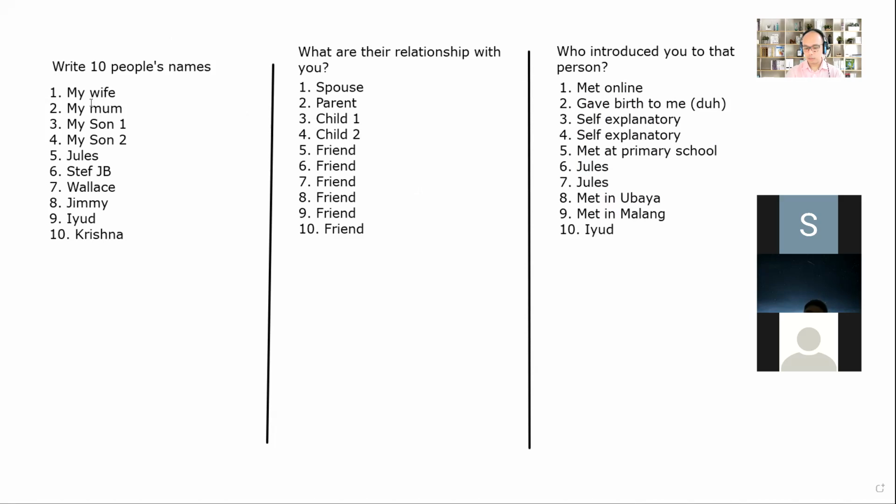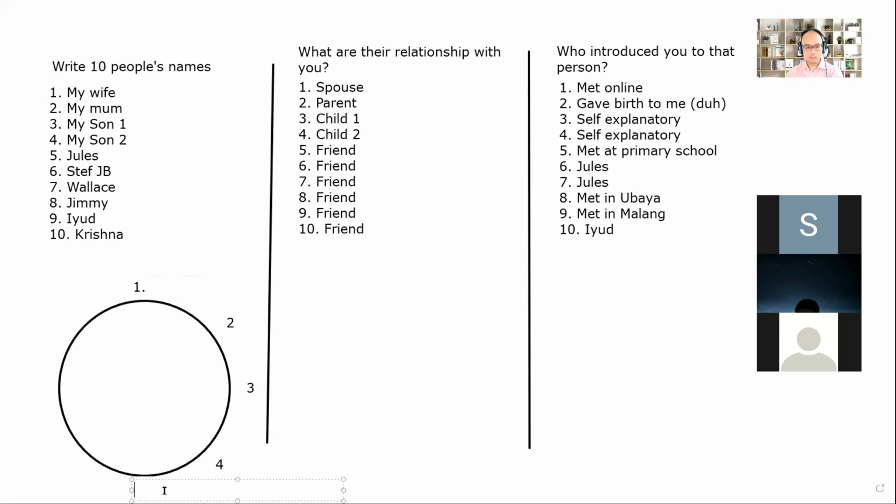Then write down these 10 names that you came up with and arrange them more or less in a circle. Could be person one, person two, person three, and so on. Write them down in that fashion.